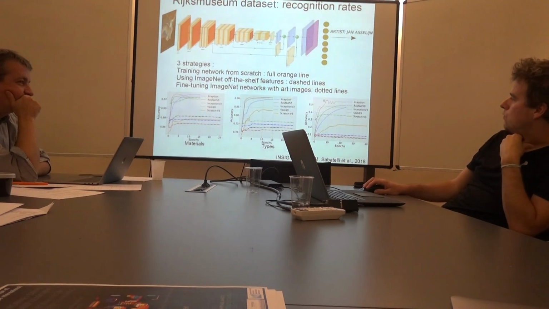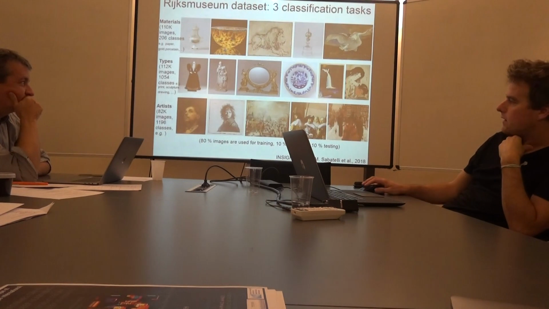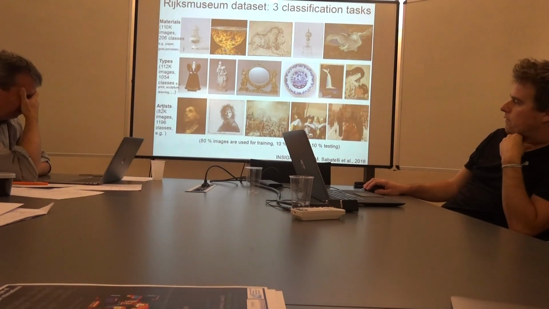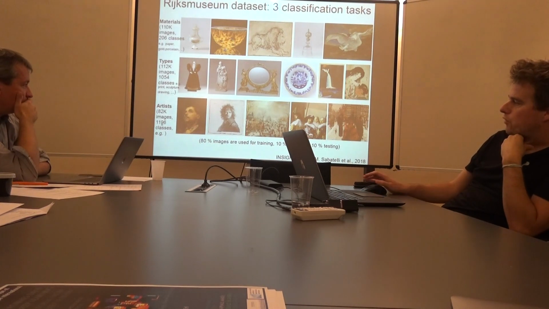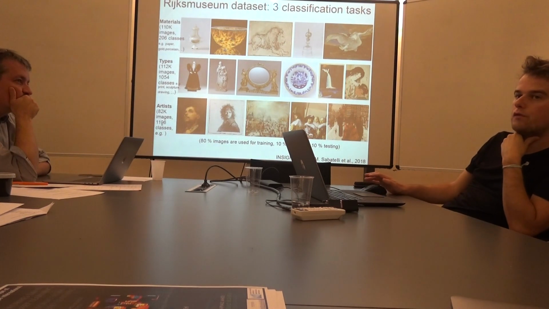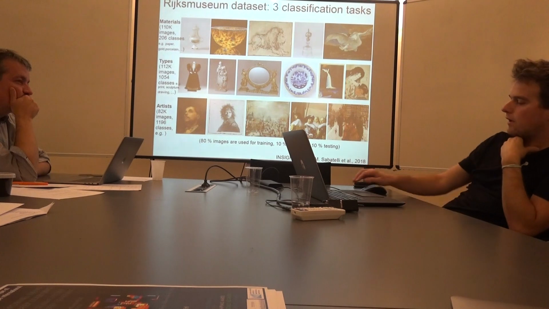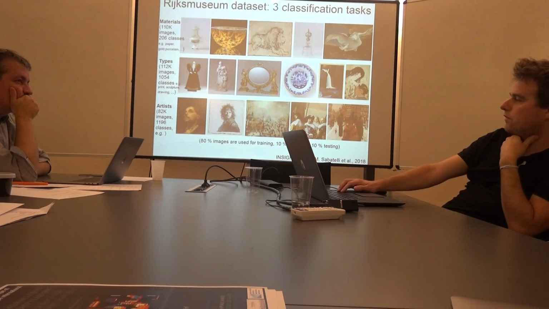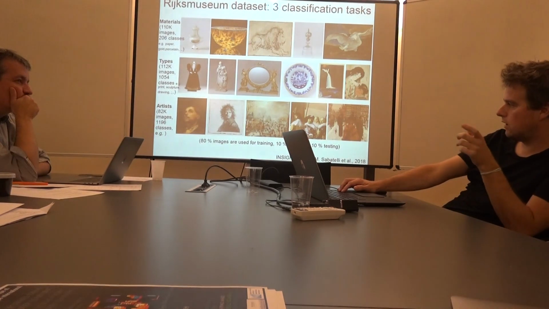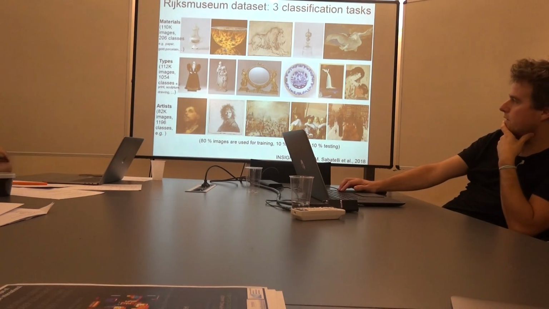This is partly due to the fact that in this artist dataset we have a very high number of classes, and for some of these artists we only had a few examples, so it was very difficult for the network to learn to recognize these artists because of the very low number of training images.